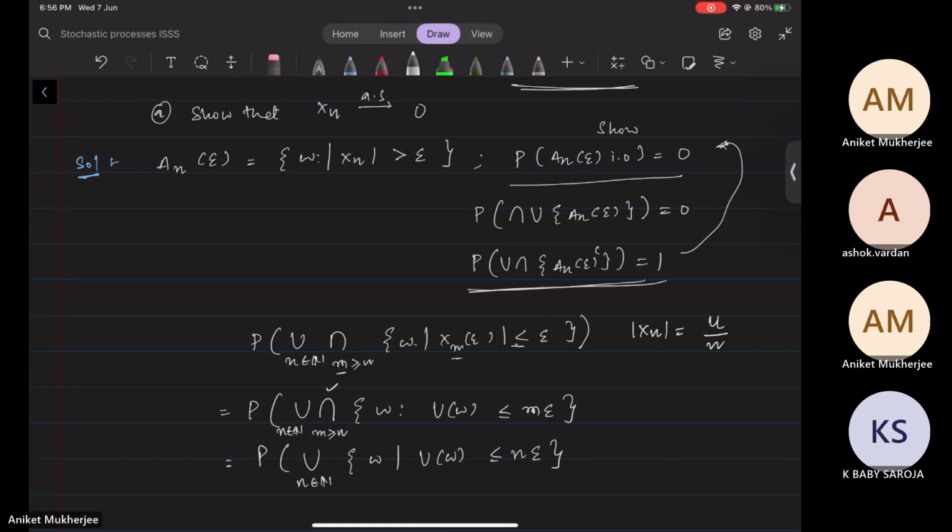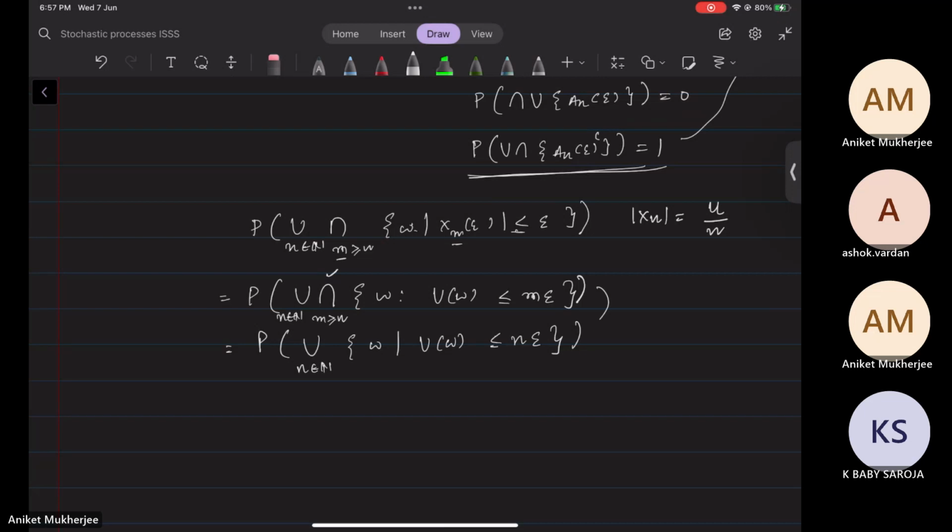The least is n. So instead of writing the intersection of all those, you can just write the intersection of U less than n epsilon. It is an increasing sequence of sets, and the intersection is the smallest set, being U less than n epsilon. Is that okay? Do I make sense?